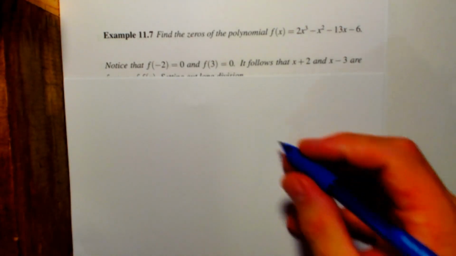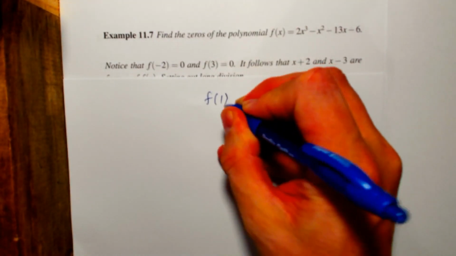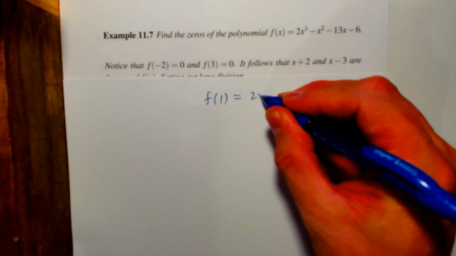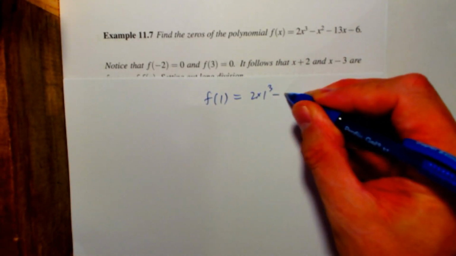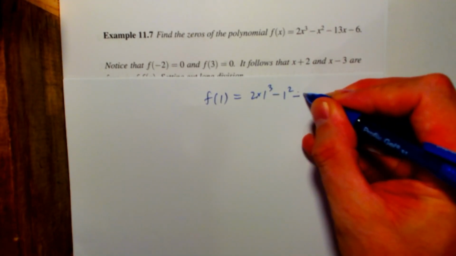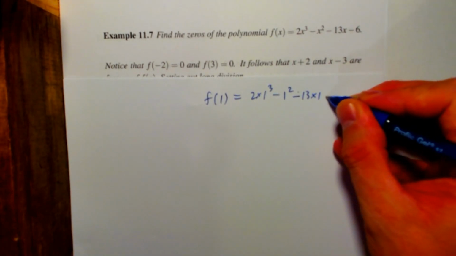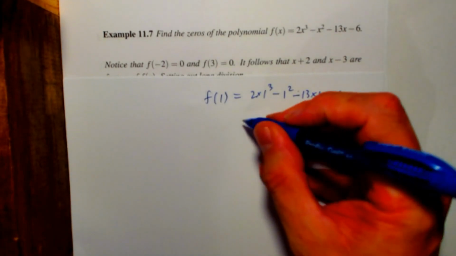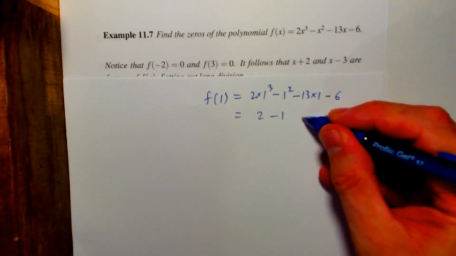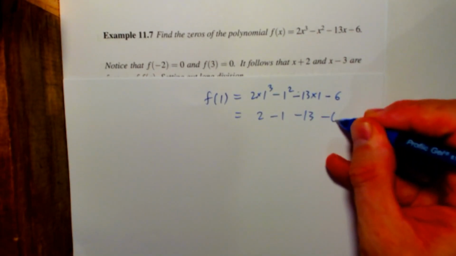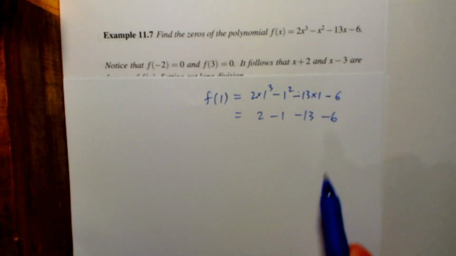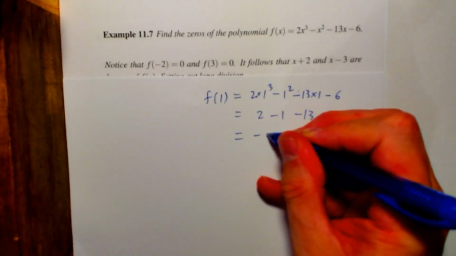Right? So f of 1 equals 2 times 1 cubed minus 1 squared minus 13 times 1 minus 6, and let's simplify that. That's 2 minus 1 minus 13 minus 6. Well, that's 2 minus 20, I think, which is minus 18.